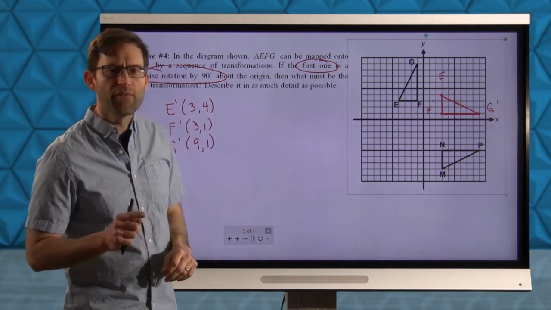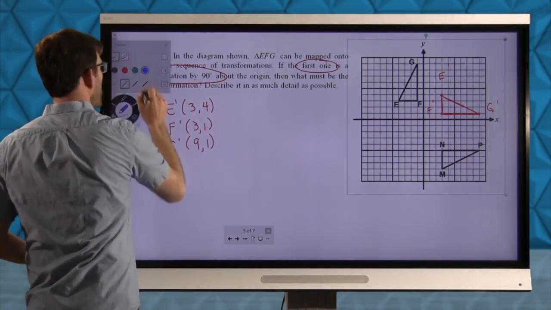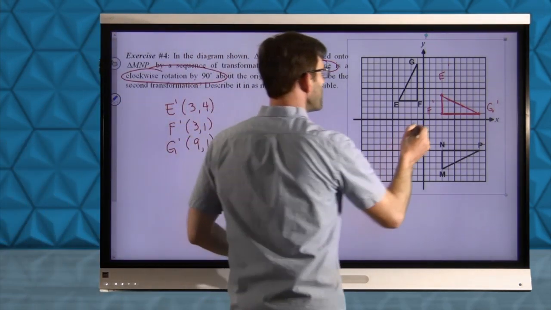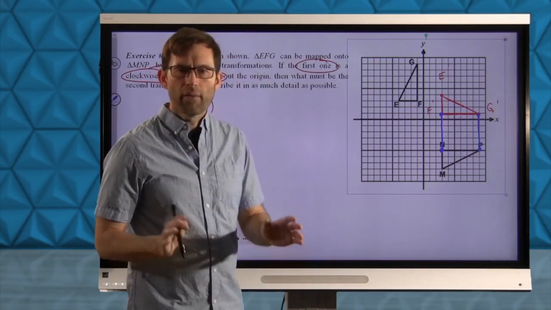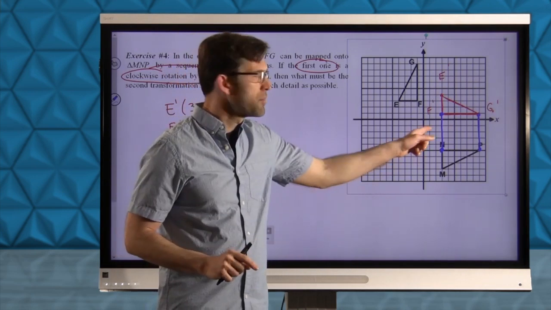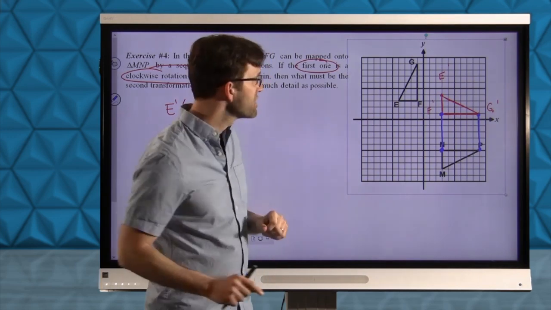And the way you can really figure out what horizontal line it will be, let me go to blue, is by doing this. Take this point and connect it to this point, and maybe this point with this point. Okay? So whatever the line of reflection is, it's got to be perpendicular to those two blue segments, and it has to bisect them.